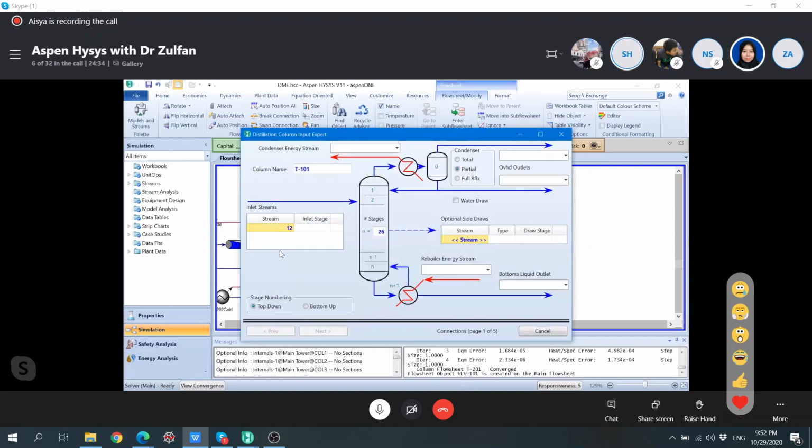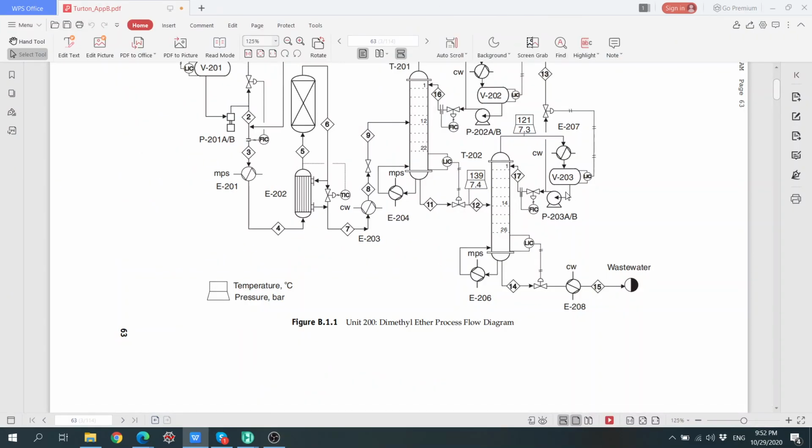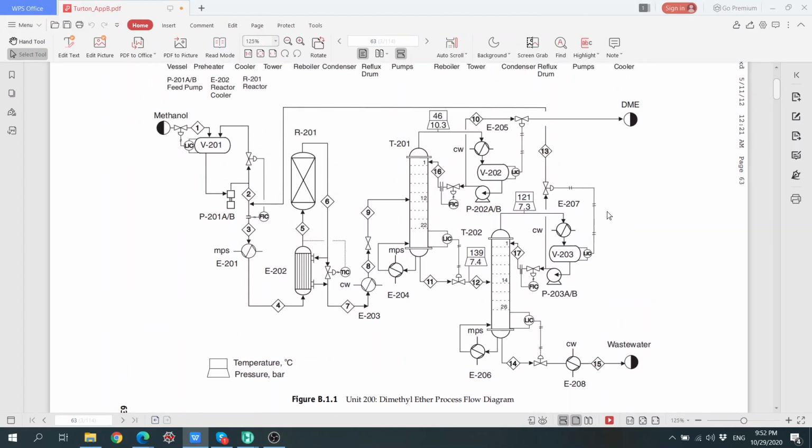Stream 12, feed stage 14. Right. And then if you see the column, the top pressure is 7.3 bar, and we are condensing fully the methanol.